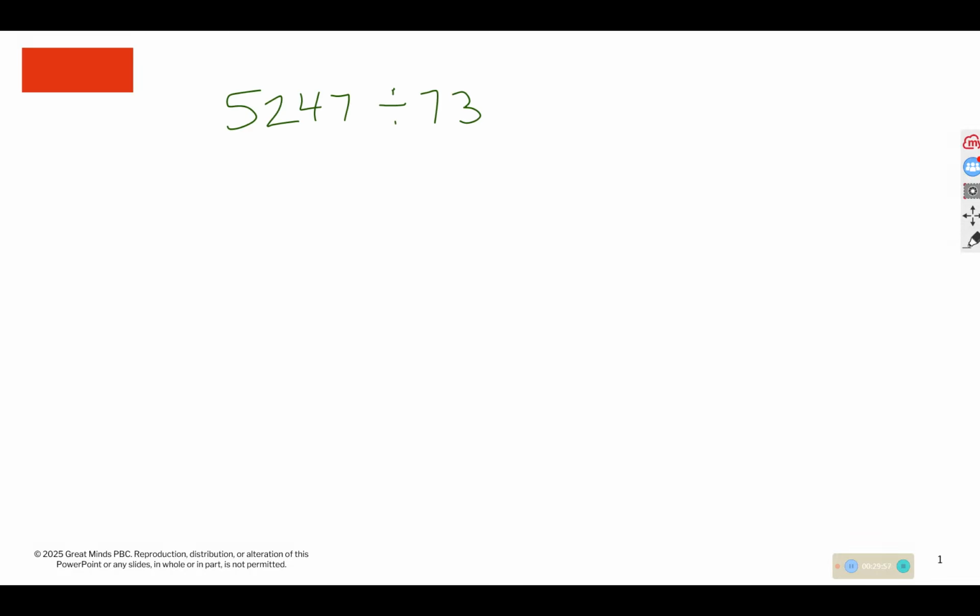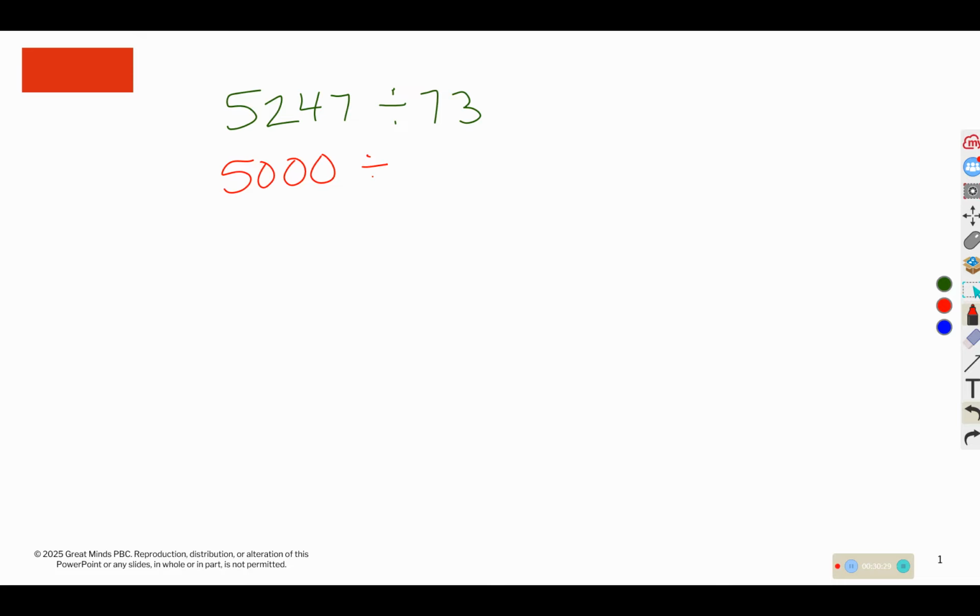Let's take a look at this one. If I want to round the first initial value, I could round that to 5,000. But is 5,000 easily divisible by 73? No. Is it easily divisible by 70?